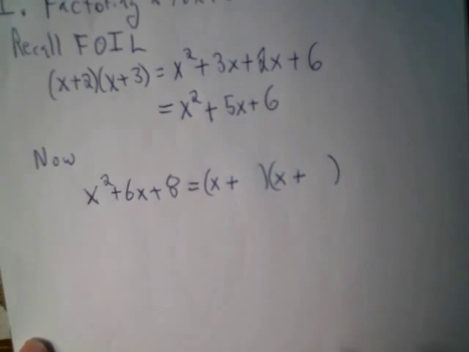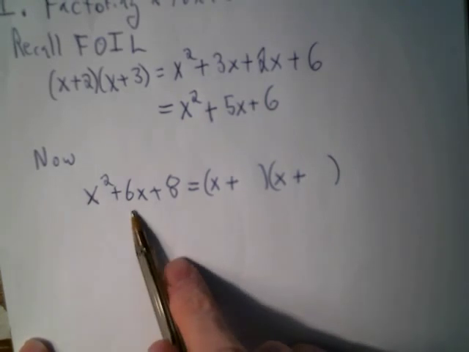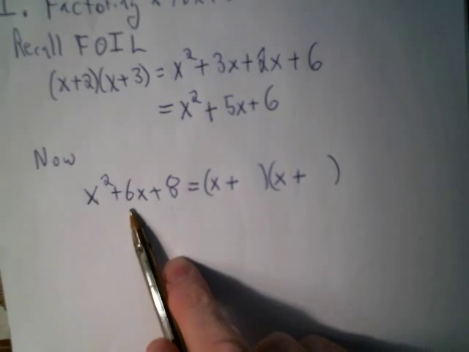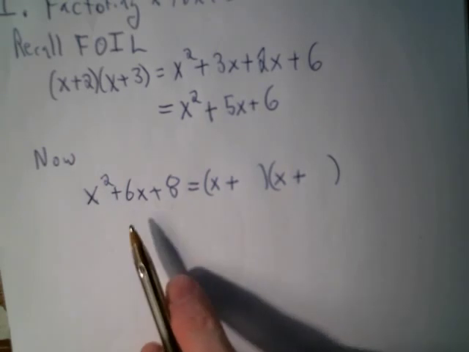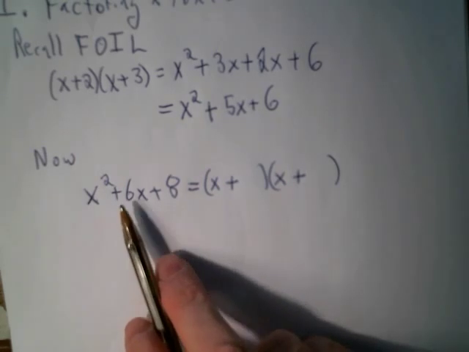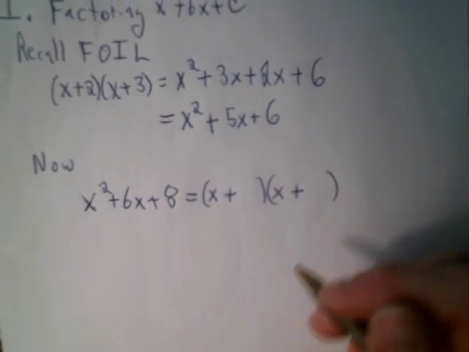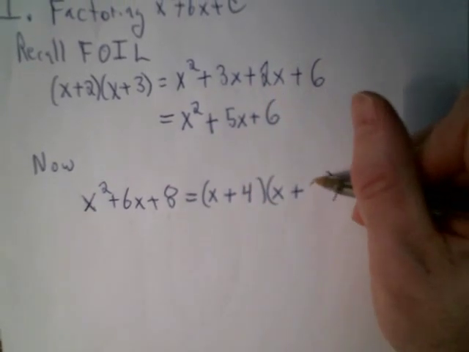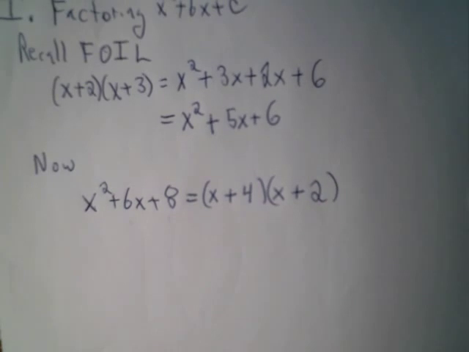Then you think, what times what is 8, but when I add them together gives me 6? 8 times 1 is 8, but 8 plus 1 is 7, so it wouldn't work. So we're thinking 4 and 2. I just have to go through these different combinations and check them in my head until I get something that works.